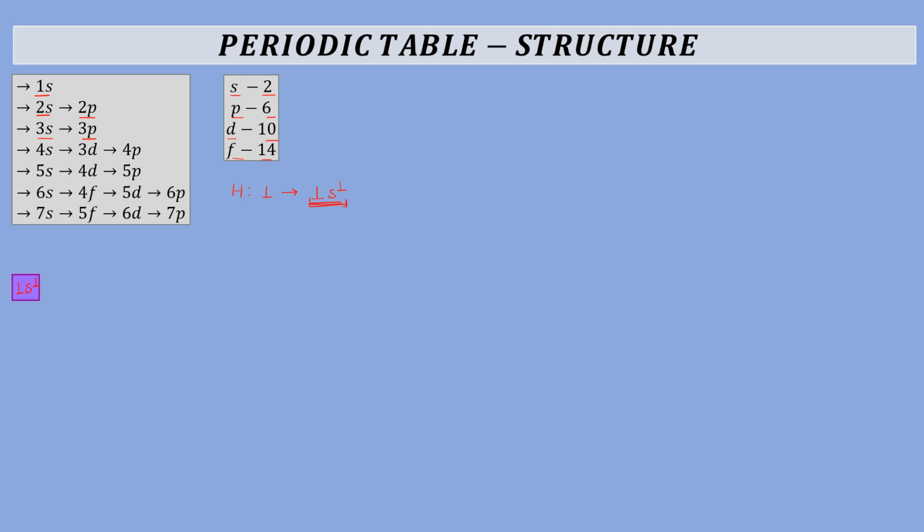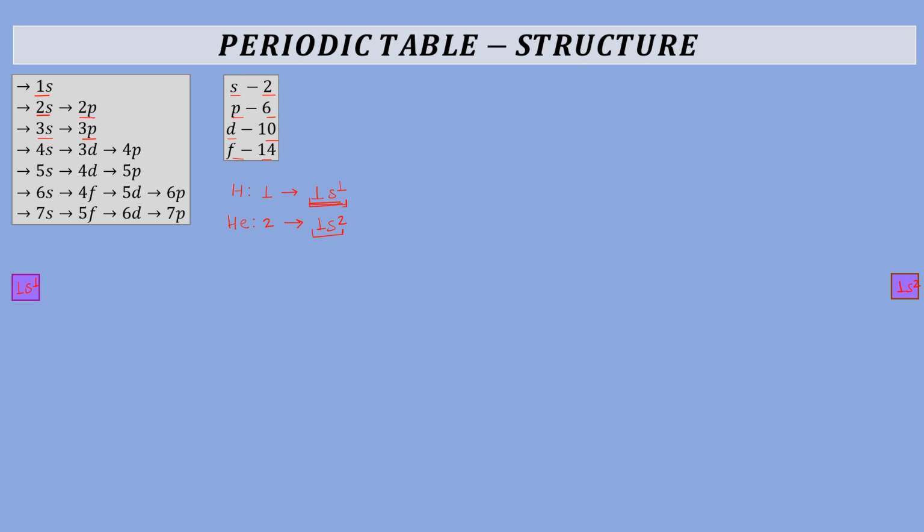So we will move forward to the next element, helium, which has 2 electrons, and the electronic configuration will be 1s2. By using this, we will create another position for this element in our periodic table like this.